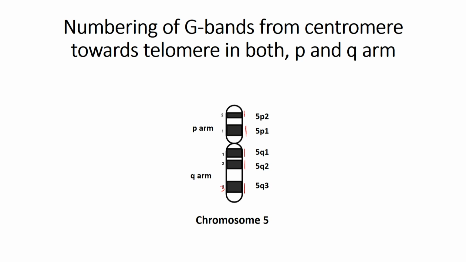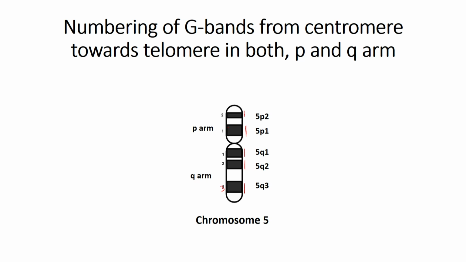In P arm, this is the first band, this is the second, so because this is the 5th chromosome, P arm, band 1, it is 5P1, 5P2. In the Q arm, you have 5Q1, 5th chromosome, Q arm, band number 1. Then 5th chromosome, Q arm, band number 2, and 5th chromosome, Q arm, band number 3.